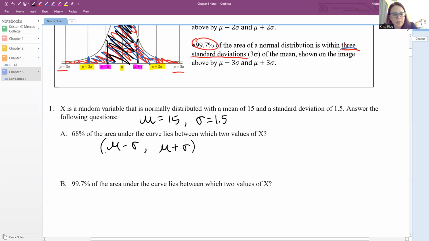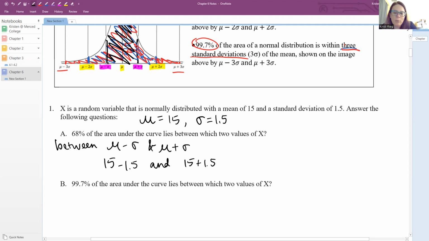We don't really need parentheses there. It doesn't have to be an interval. Let me just write it out: between mu minus sigma and mu plus sigma. So it's going to be between 15 minus 1.5 and 15 plus 1.5.